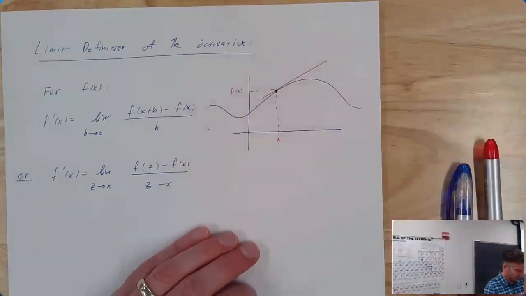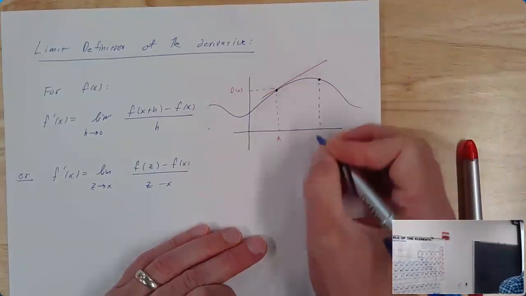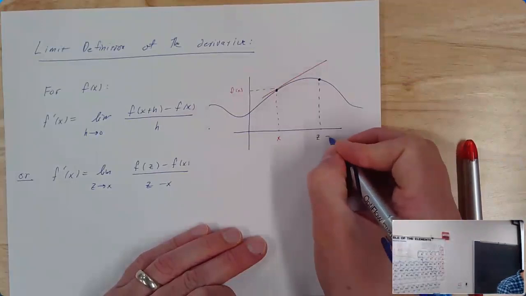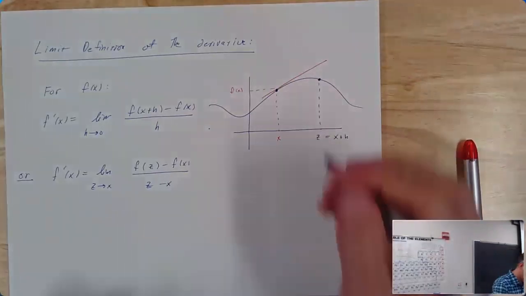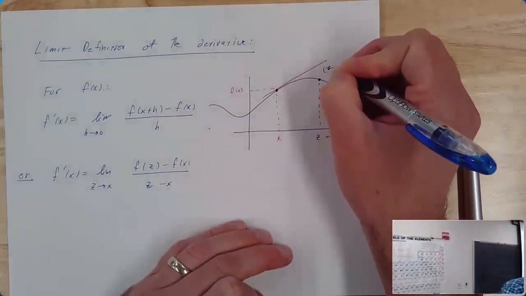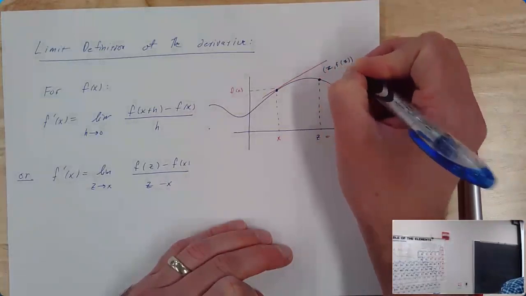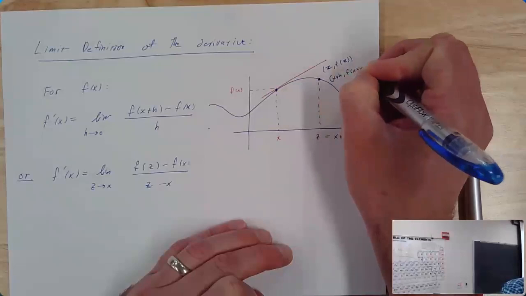And then we're going to look at some other point on the curve. We can either call this point z, or we can call it x plus h. This point here is either z comma f of z, or if you prefer, x plus h comma f of x plus h.